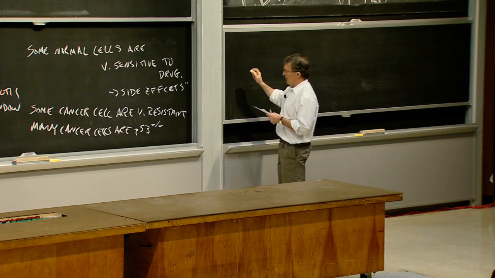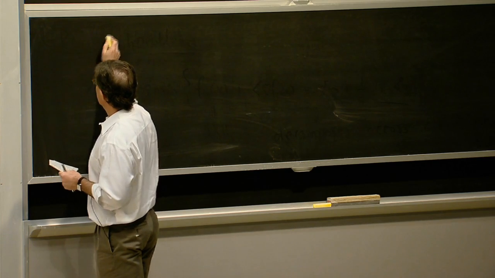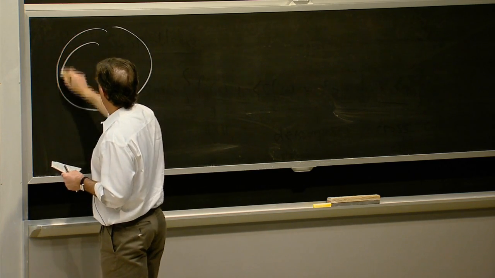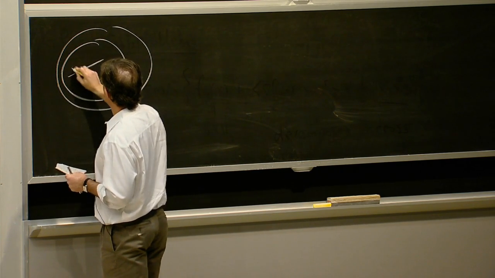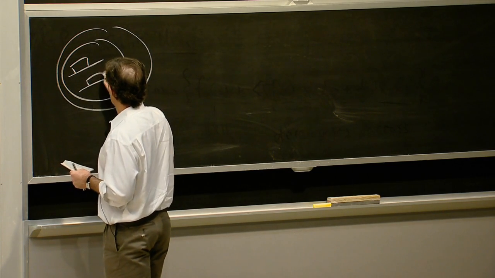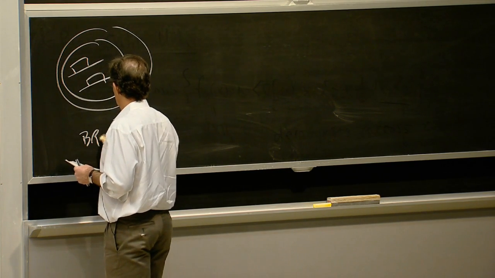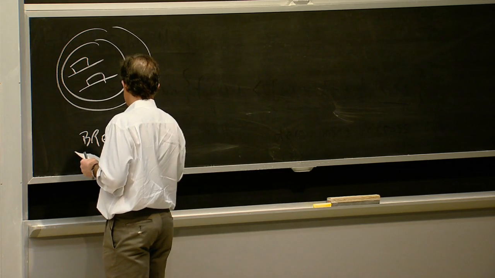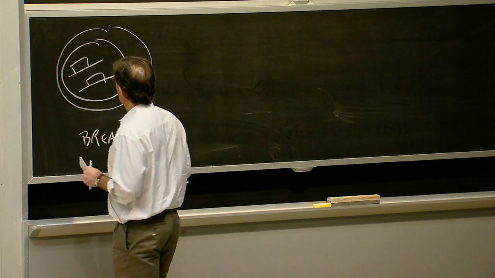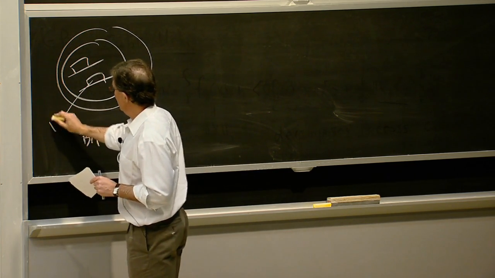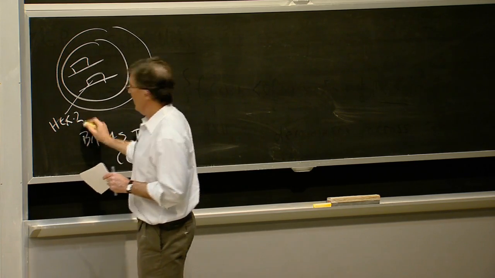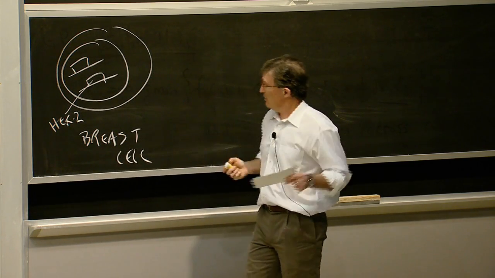The first is in the context of breast cancer. And the gene in question here is a gene called HER2. In a normal breast cell, there are two copies of this HER2 gene, as there are in virtually all of your cells.